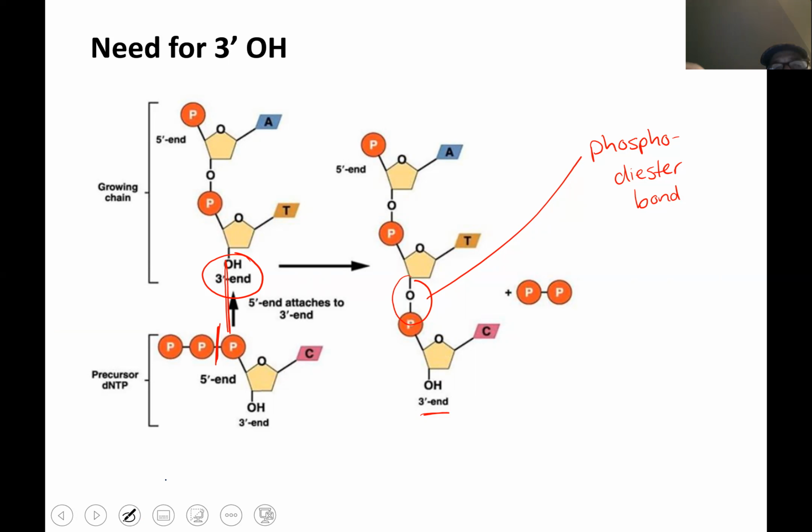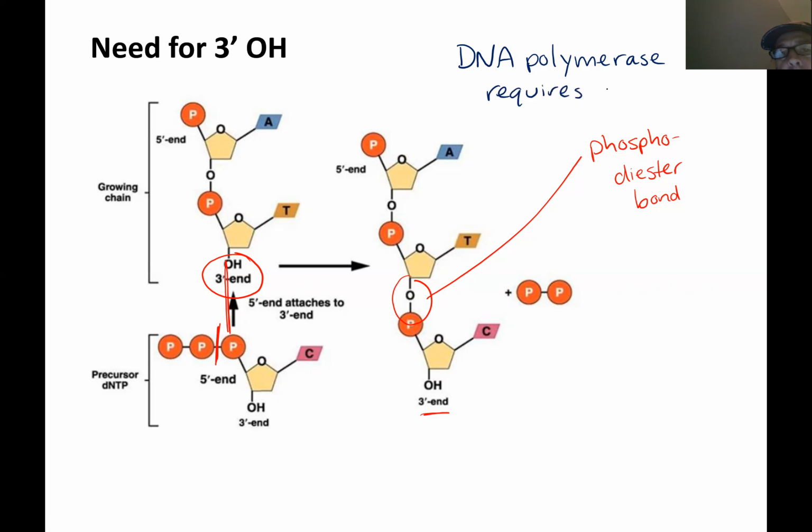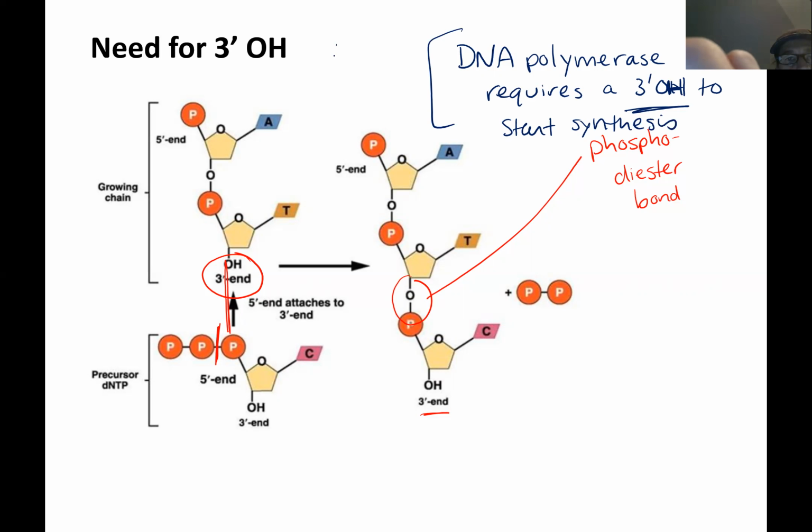Another important thing to remember is that DNA polymerase requires a 3' hydroxyl already there to start synthesis. Therefore, we need an RNA primer.